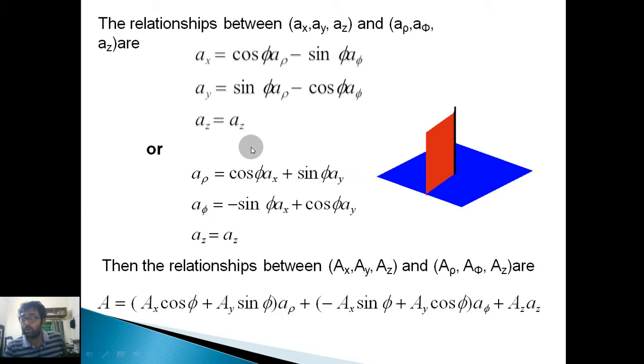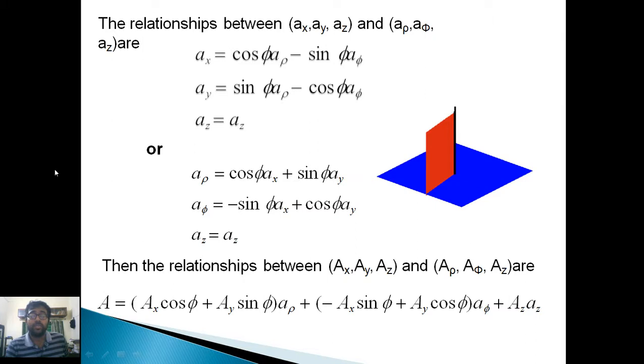Now we are going to describe how we have established the relationship a suffix x is equal to cos phi a suffix rho minus sin phi a suffix phi. If we consider this particular equation, this is the value along a suffix x.